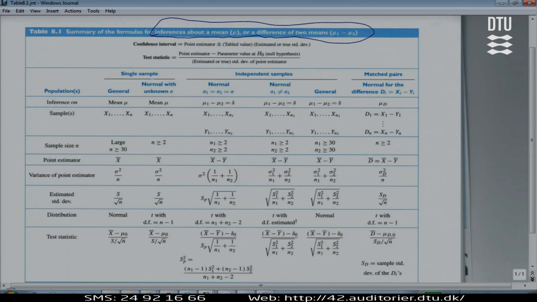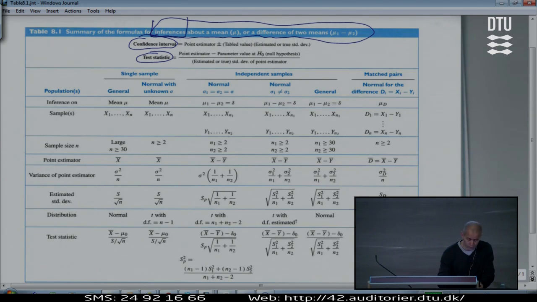Basically, we were given two types of methods: the confidence interval and the test statistic. That is the hypothesis testing, right? That's the two methodologies that we are gonna use for doing what is known as statistical inference.